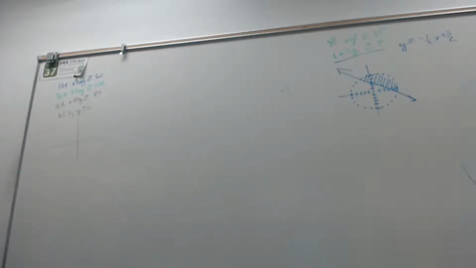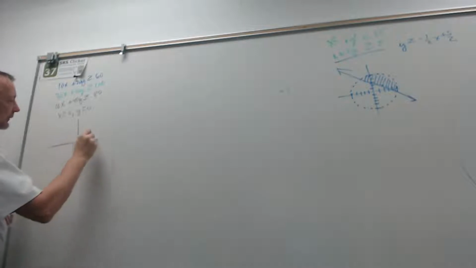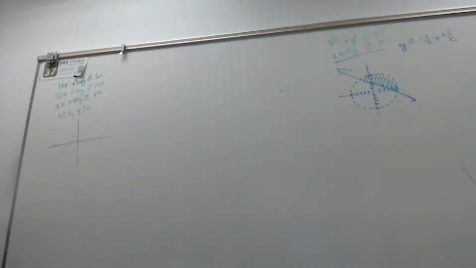Whose turn is it? We want to graph first. The x and y axes, which are just right there, right? Okay. Now what? Subtract the top and the bottom. Why? To get rid of the x's.